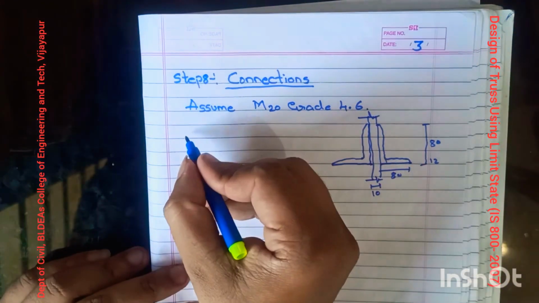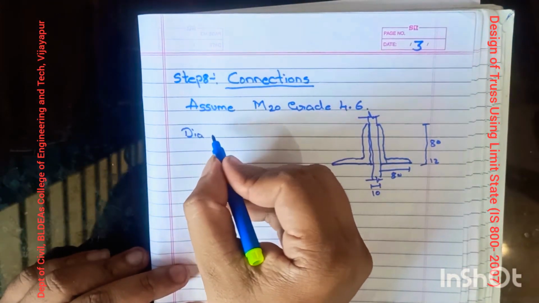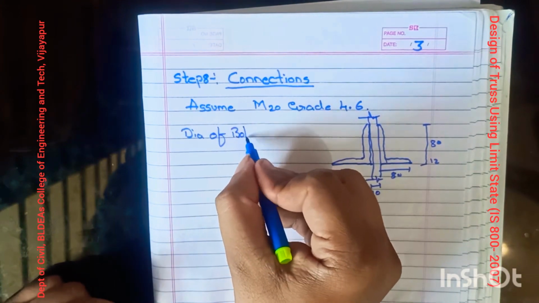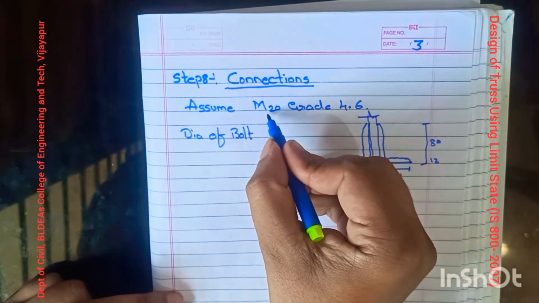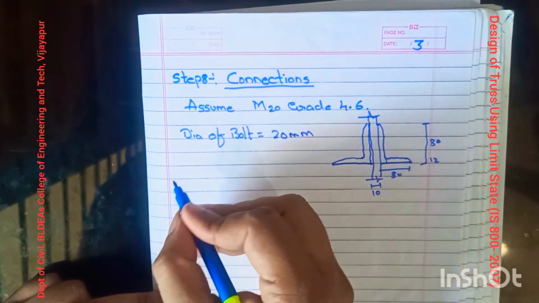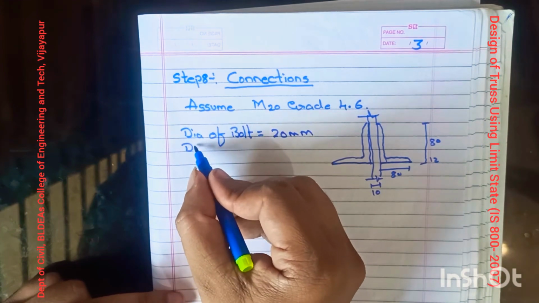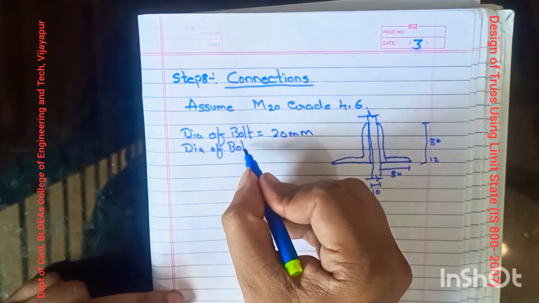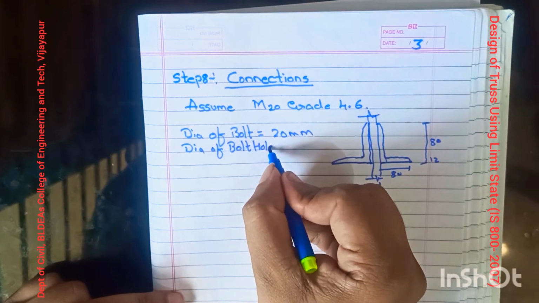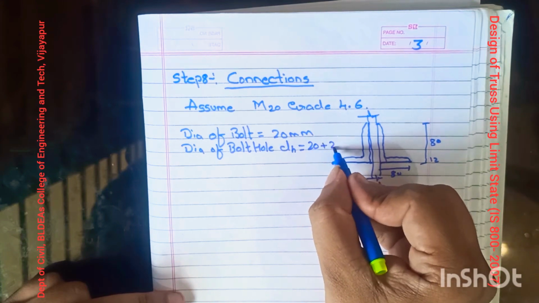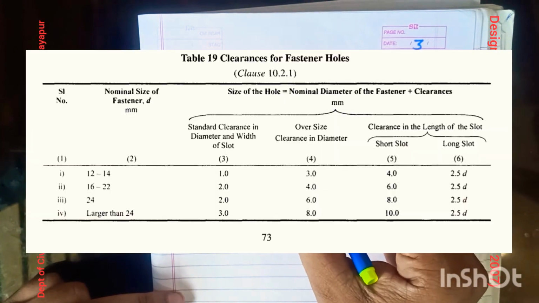So for this, diameter of bolt is M20, so that means the diameter of bolt is 20 mm. For 20 mm, the clearance is 2 mm, so diameter of bolt hole, that is DH, is 22 mm.